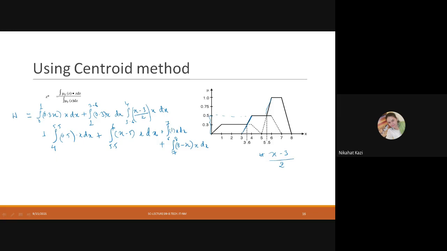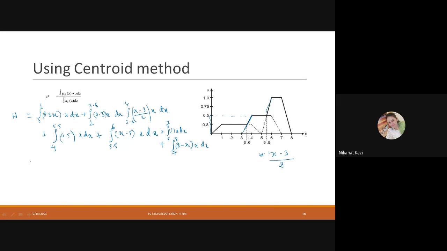Definite integrals you have to use. 0.3 x square is the first one. So what is the integral of x square? x cubed by 3. Right. So each of these integrals you have to evaluate, and then over that interval you substitute that value.